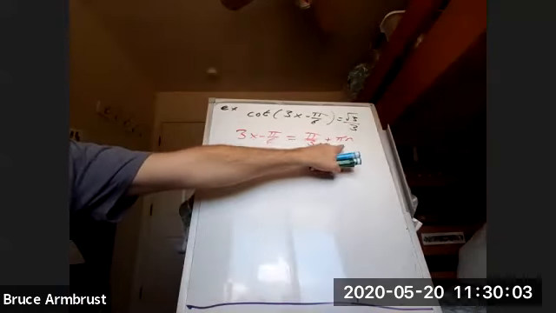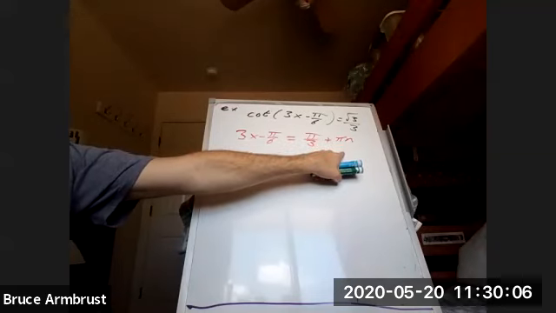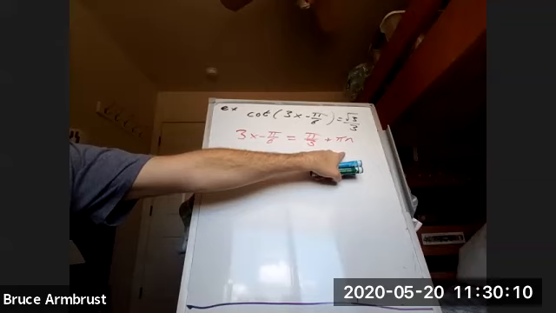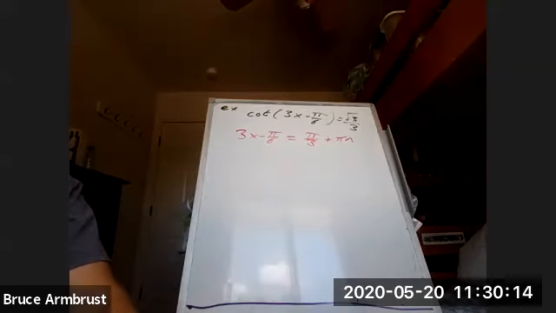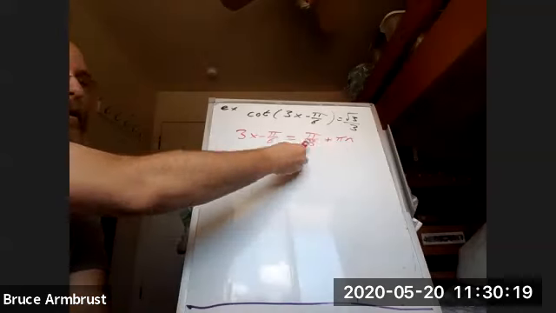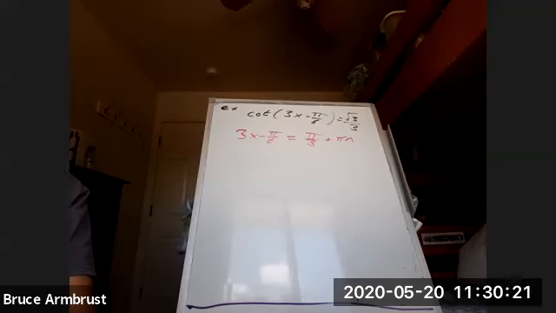And it's only pi times n because the period is pi. The period of cotangent is pi, not 2 pi. But notice that if n equals 1, then we're going to get 4 pi over 3, which is that other angle on our list. And this definitely catches all of them.